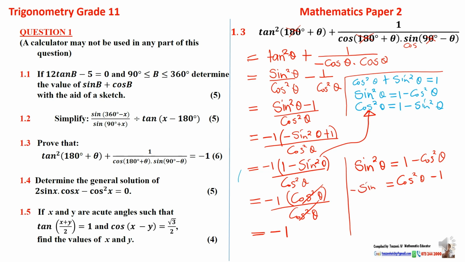So this is the same as negative sine squared theta. So we have answered question number 1.3, proving that the identity is equal to negative 1 when simplified.